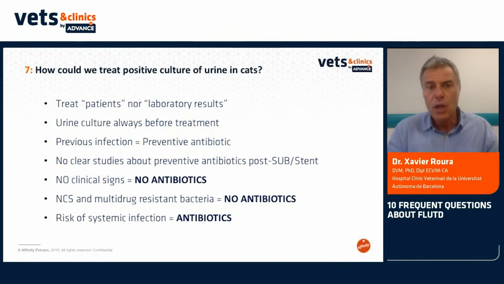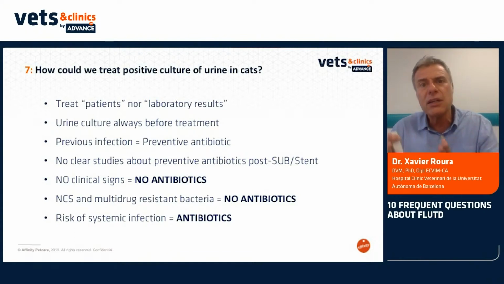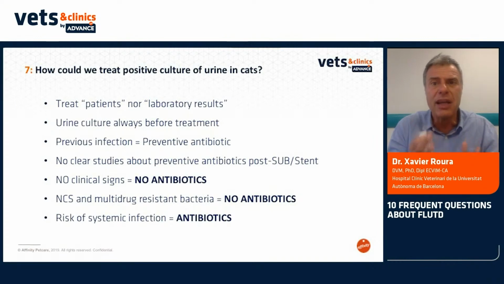So, in general, the new guidelines say if I have a cat without any clinical signs of urinary tract infection, even if I have an infection, this cat needs no treatment, no antibiotic. So we don't need to give antibiotic to this kind of cat.